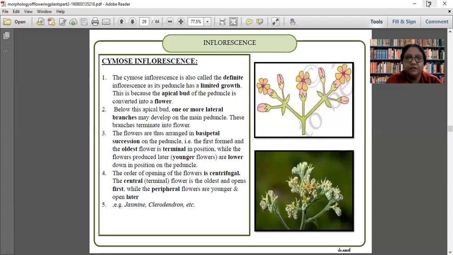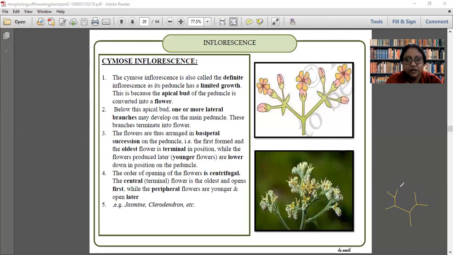In case of cymose inflorescence, there is presence of a terminal flower. For example, if you take an example of cymose inflorescence, consider this is the stalk from which there is branching.